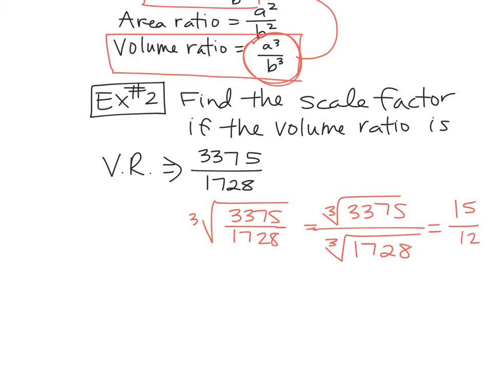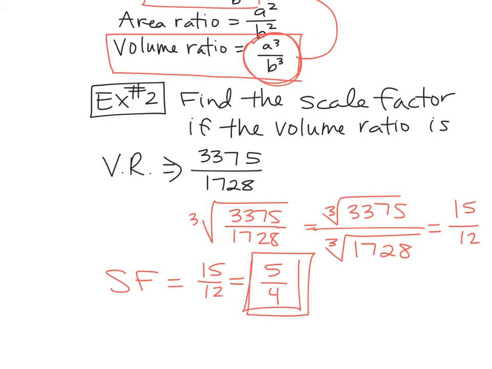So our scale factor is what? Almost. You have to reduce it. Your scale factor is indeed 15 over 12, but you want to reduce. So 15 over 12 is actually what? 5 over 4. So your scale factor is 5 to 4.